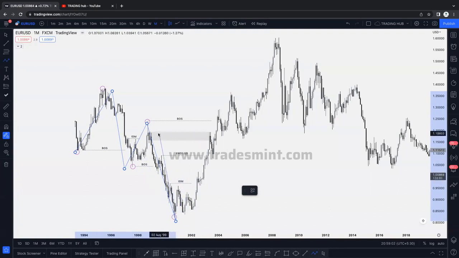But after it breaks this major structure, the market turns from bearish to bullish. But before this break of structure, we are expecting price to push downside. Why? Because the market is bearish. Okay. So the same thing happened here. The market tapped here and gave us some reaction, and then the market pushed higher.